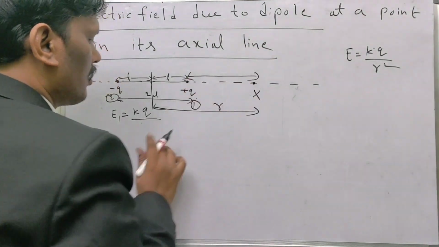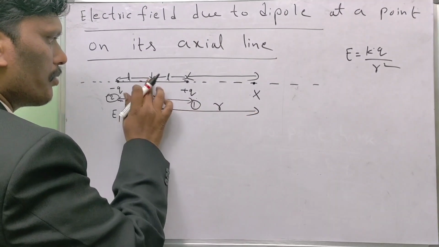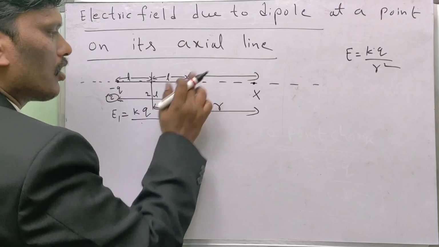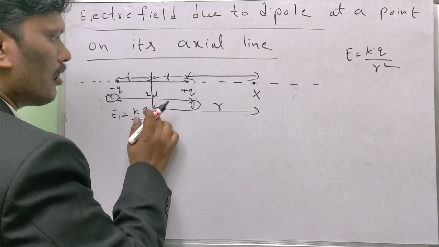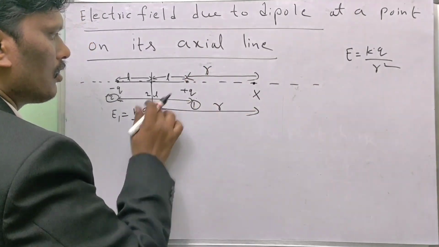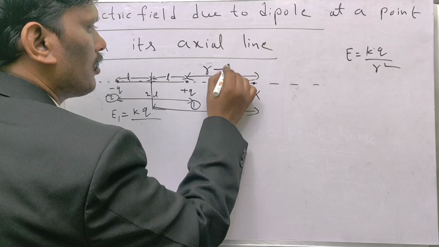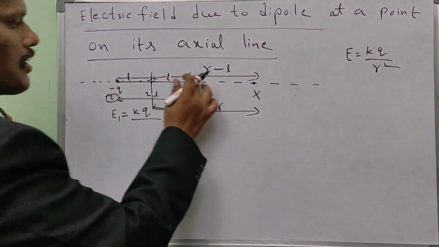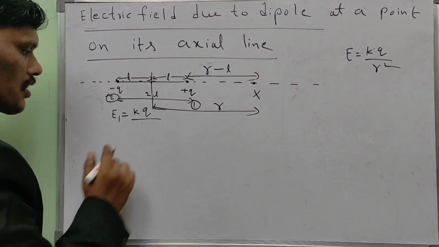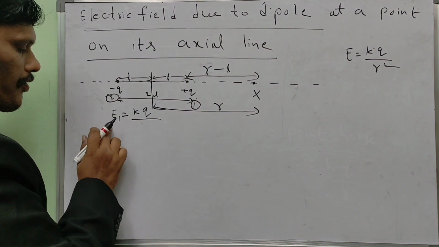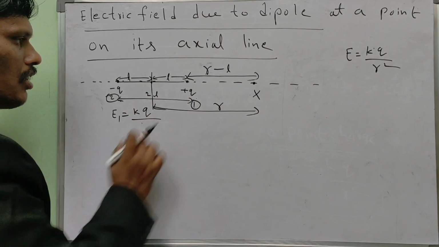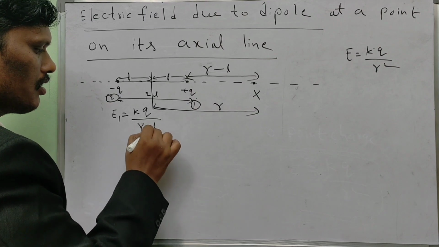From the center to the point is r, and from the center to the charge is L, so from r subtract L and you get this distance, the distance of the point X from the positive charge. So E1, the electric field because of the positive charge, is K into Q, this magnitude, by the distance square, that is (r minus L) whole square.